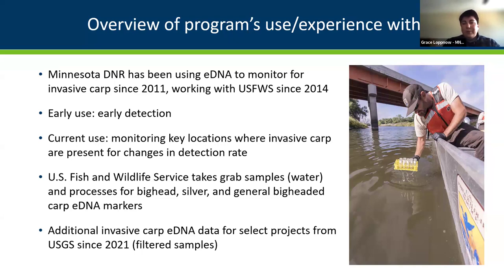They use grab samples, essentially dipping water like in the photo here, and they're processed for bighead, silver, and general big-headed carp eDNA markers. We also get some eDNA data from USGS. Since 2021, they've been sampling some select sites using filtered samples and processing them at their laboratories using their own markers. So next slide, please.